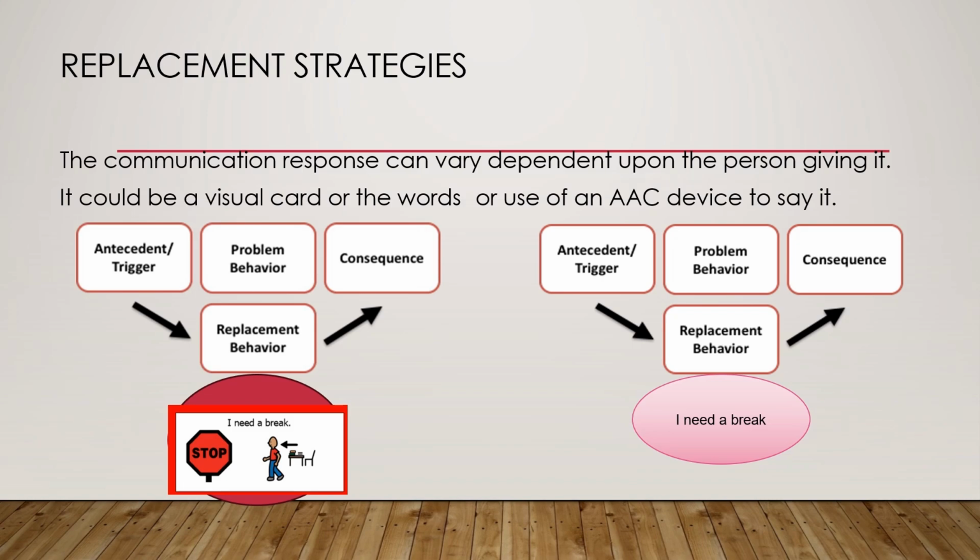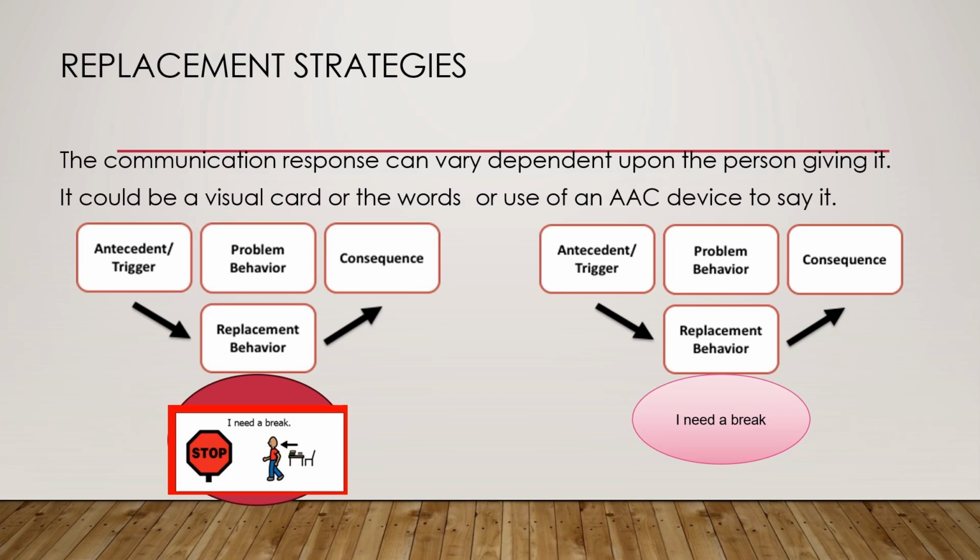So this is a couple of things that you need to think about when you are looking at replacement strategies. This is going to vary from person to person, right? Some students or children are going to use a button, maybe some sort of small AAC device that says, I need a break. Some are going to need a picture card.